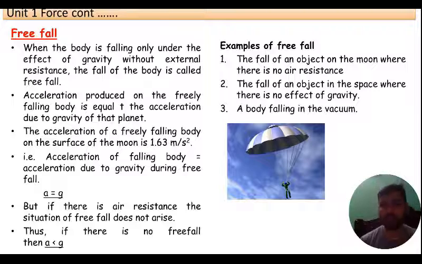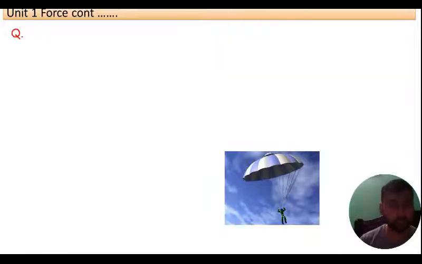In the vacuum, there is no air, and every object falls with the same acceleration as the acceleration due to gravity of that planet, of the earth, of the moon, etc. These three examples I have mentioned here.